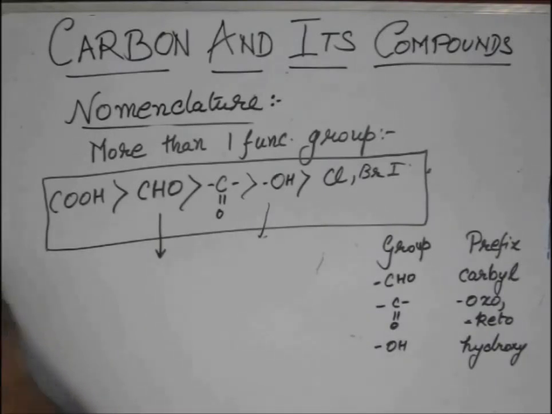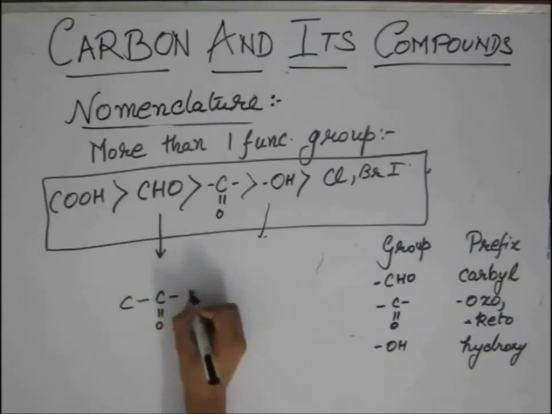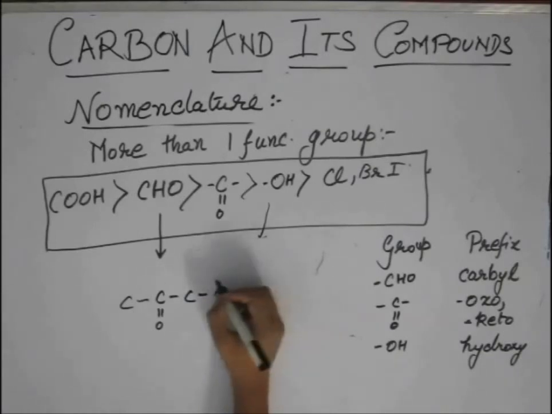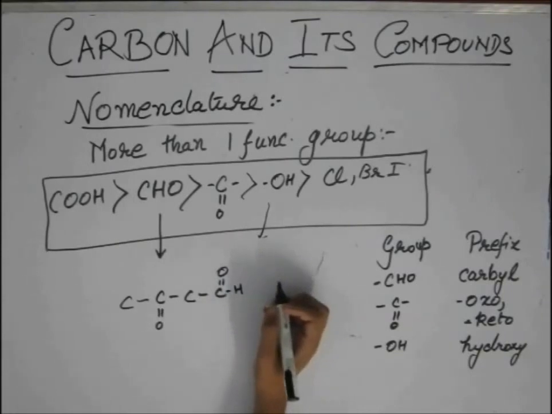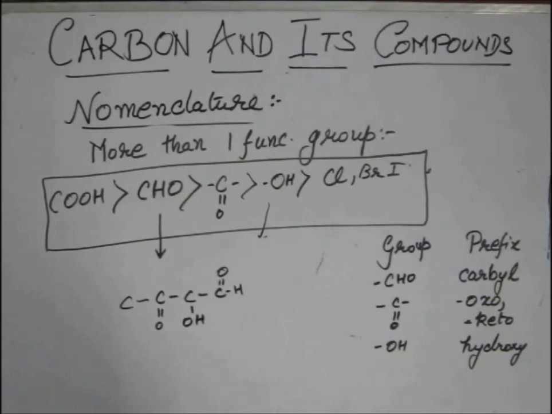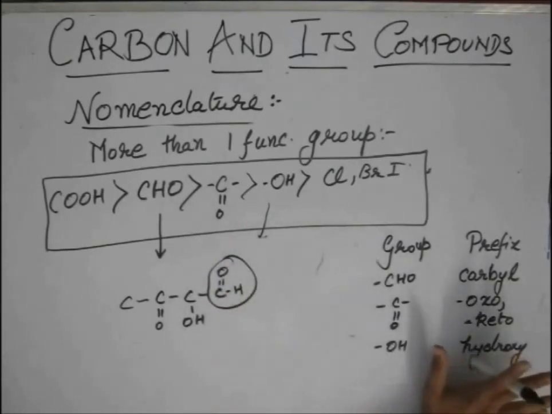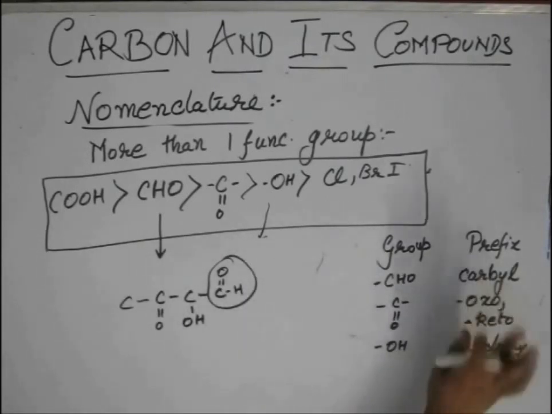If we have this compound, okay, 3 functional groups. So most preferred out of this is this CHO group. So this will come as the suffix, and all the rest will come as the prefixes.